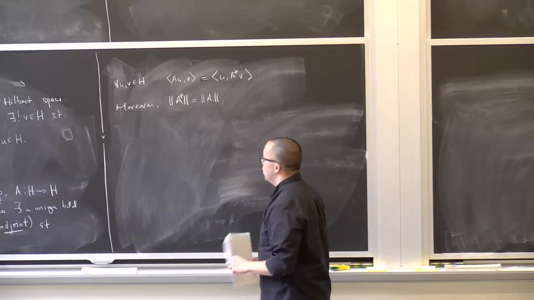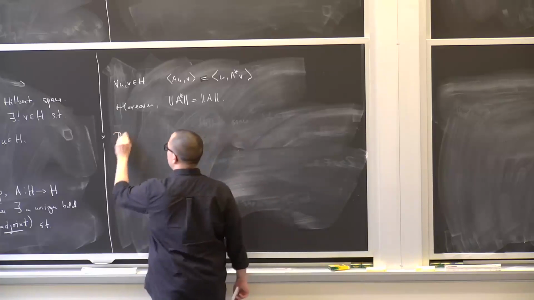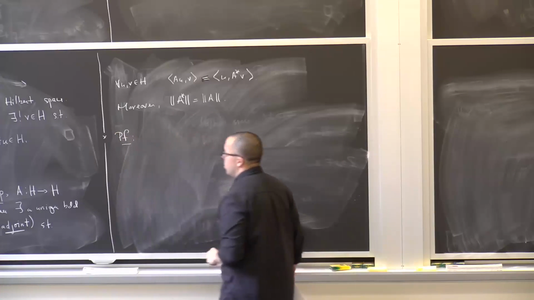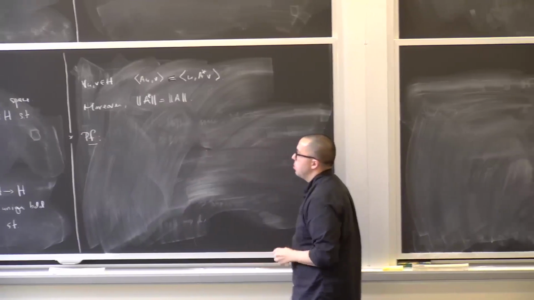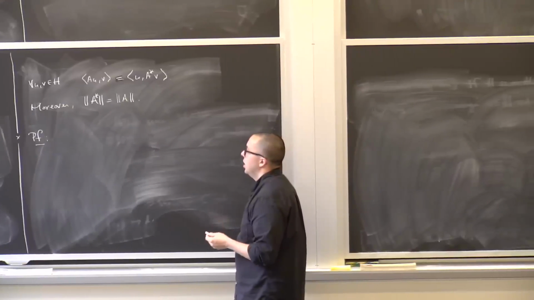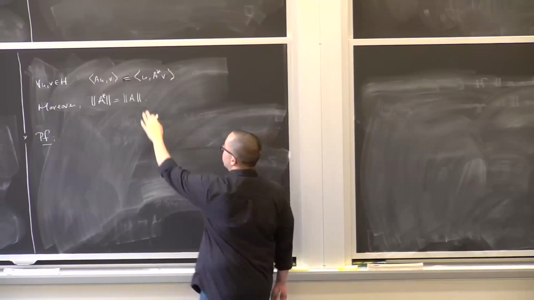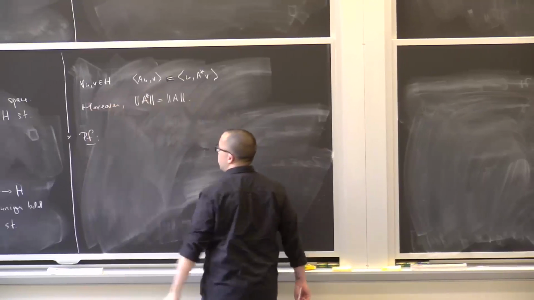Okay. So, again, the same way we proved uniqueness for the Riesz Representation theorem, you can prove that such a linear operator satisfying this identity for all u and v has to be unique.